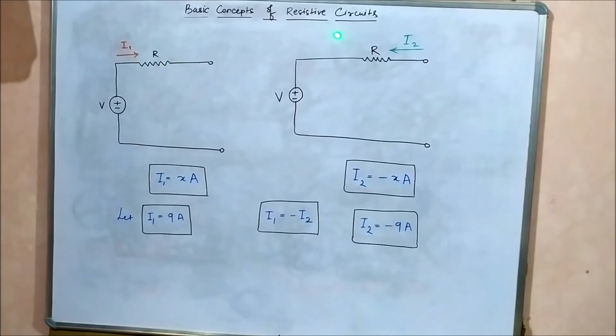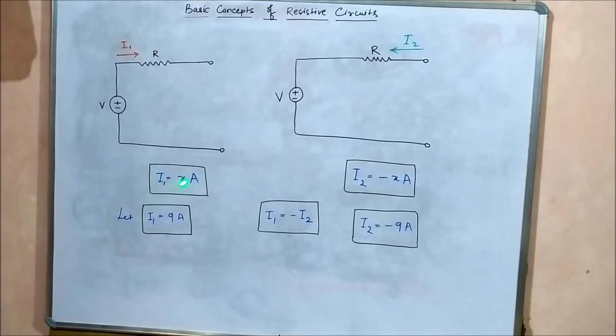Now, we have redrawn the same circuit, but now we want to take the direction of this current in the opposite direction. Here we will take it from right to left. So here this current I2 will be minus x ampere. Here it was plus x ampere, here it is minus x ampere.